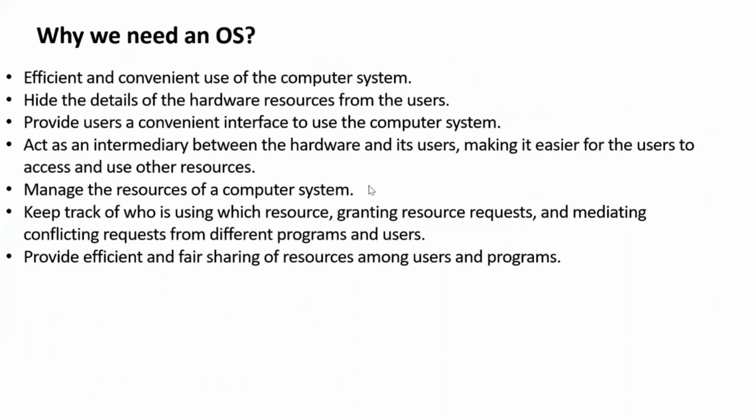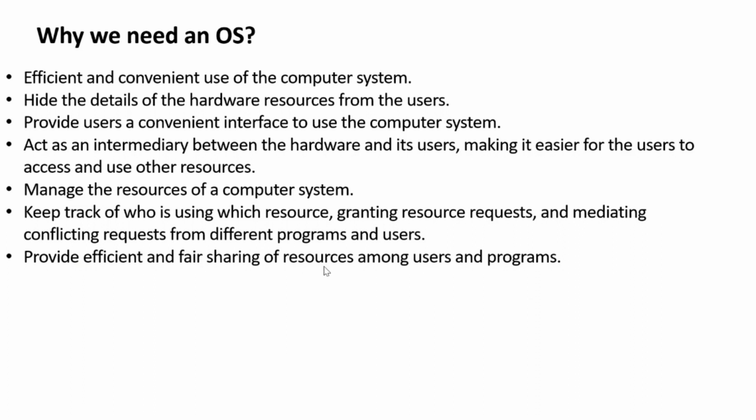It manages all the resources of a computer system, not only the resources but also the activities. It keeps track of who is using the resources, grants resource requests, mediates conflicting requests from different programs and users, and provides efficient and fair sharing of resources among the users.